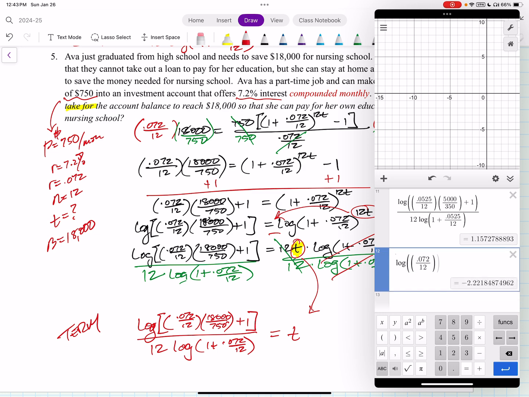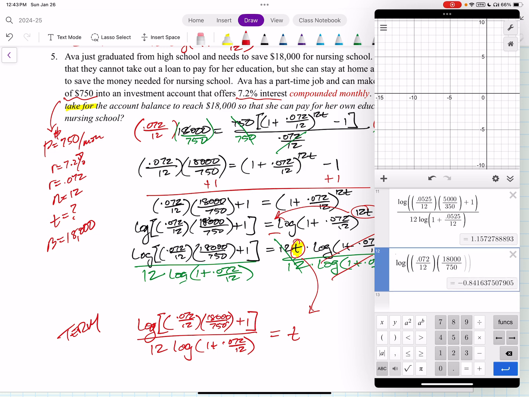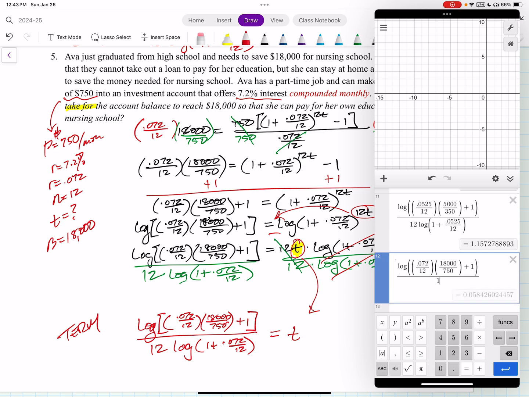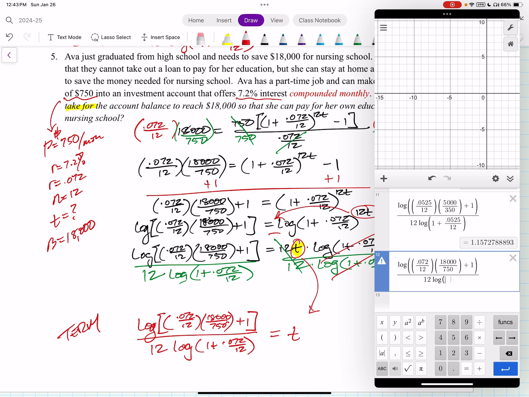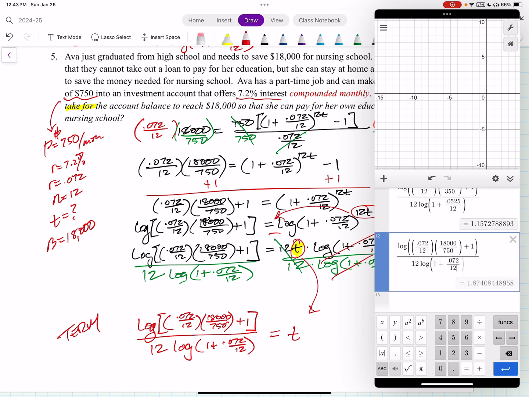Okay, close that off, times the other fraction, 18,000 divided by 750. Like I said, you do not have to simplify the fractions. Make sure you add 1 here before you close it off. And then divided by 12 times the log of 1 plus 0.072. All right, divided by 12, and you'll get your term there.